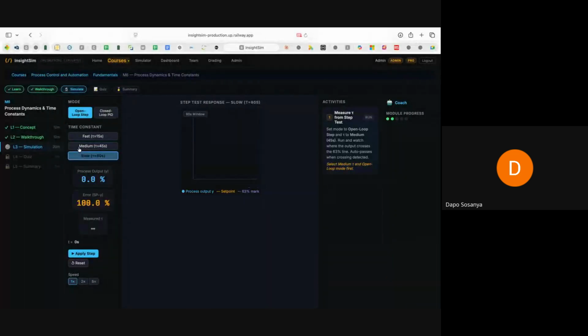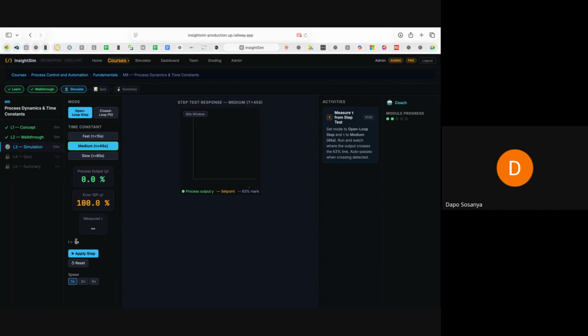This is slow, this is medium, and this is fast. So let's select medium. This is our process output, this is error, and this is the measured T. So run and watch where the output crosses the 63% line.